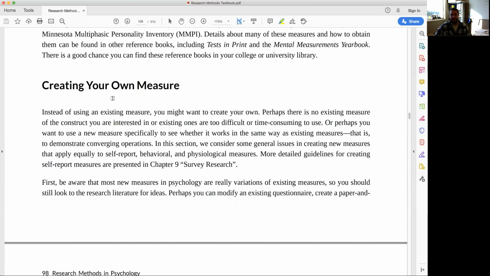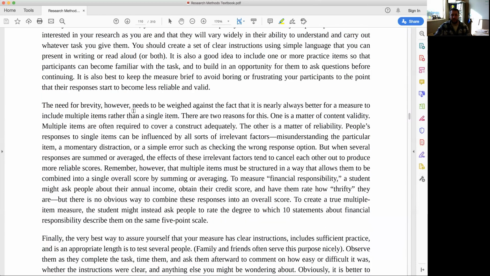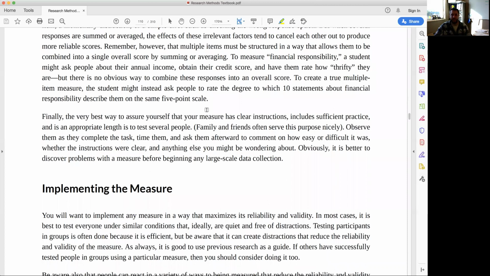If you just want to ask like 4 or 5 questions, you're not, from a very technical viewpoint, creating your own measure, quote unquote. You're just asking questions. But if you're actually trying to create your own measure, it is a very long, drawn out process that your book does a decent job of highlighting.